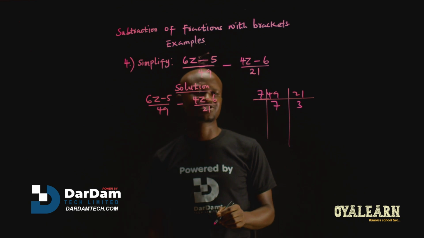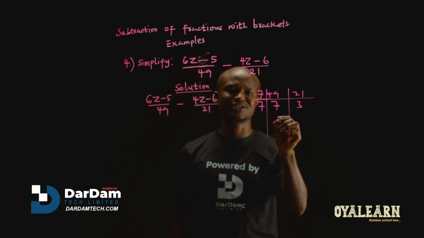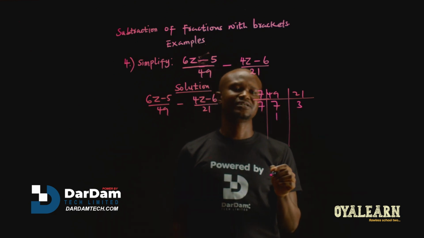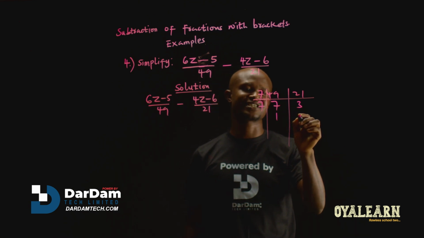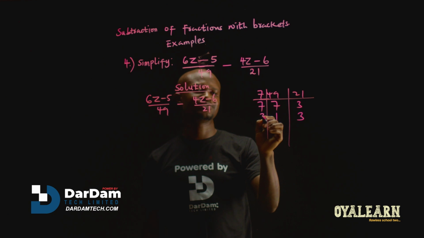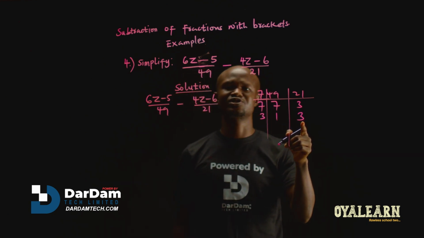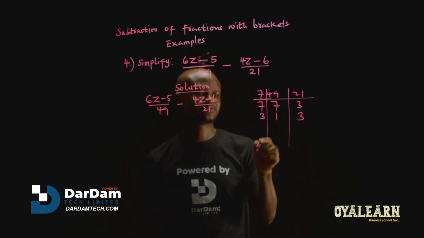So in this case, we can still use 7. 7 divided by 7, what are we having? 1. And 3 divided by 7, 3 is not a multiple of 7, so we still write 3. Now we use 3, because we must exhaust this, such that we have 1 at the end of everything.